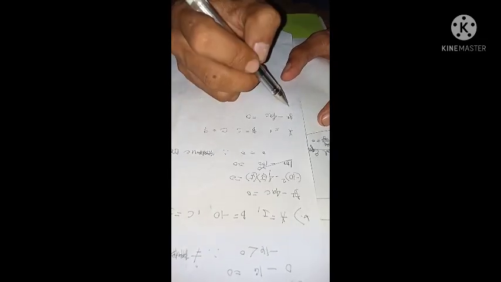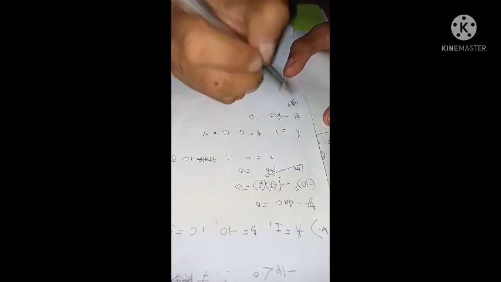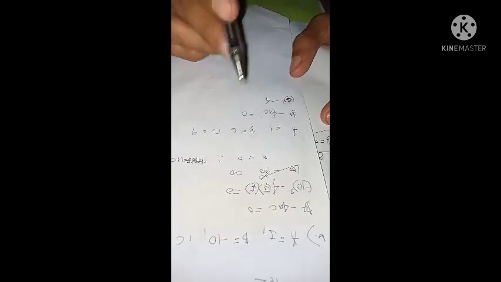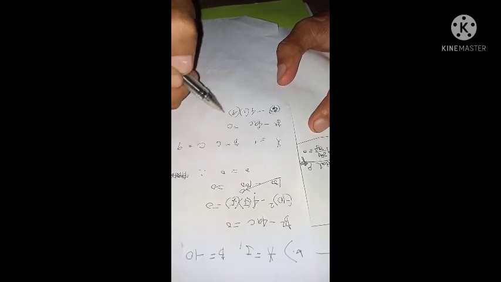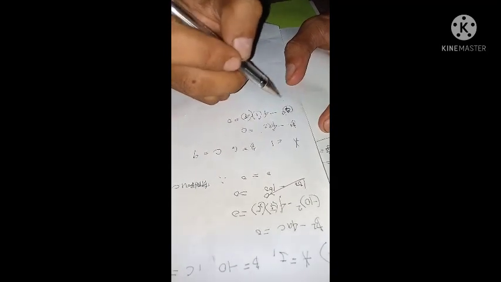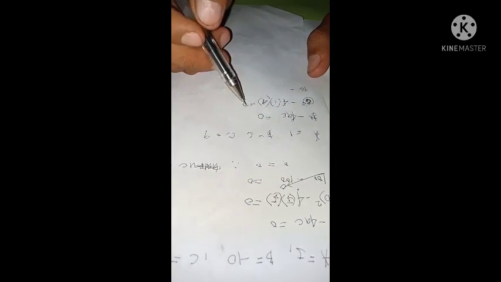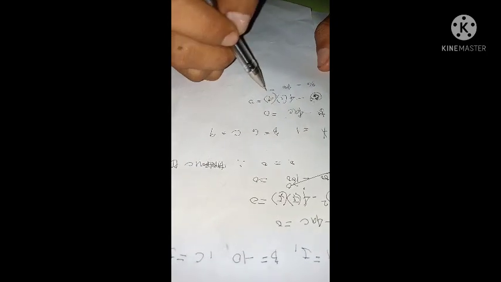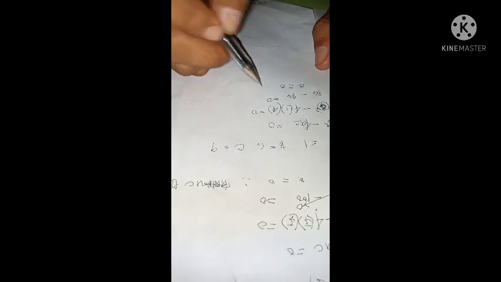So 6 squared minus 4 times A which is 1 times C which is 9 is equal to 0. So 6 squared is 36 minus 4 times 1 times 9, which is 36. 36 minus 36 is 0. So 0 is equal to 0. Therefore, this is a parabolic.